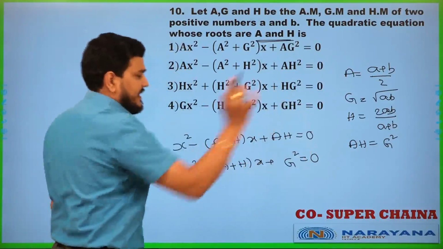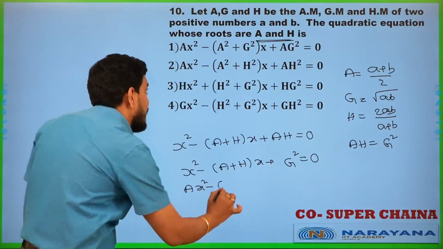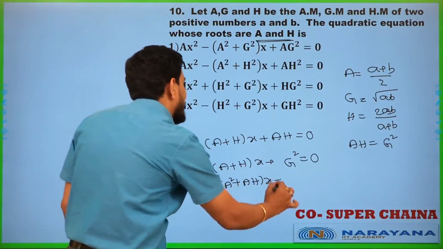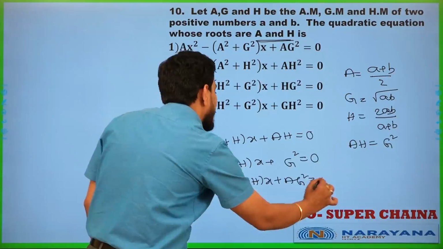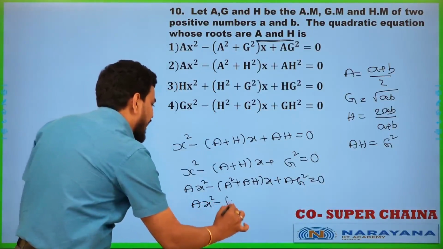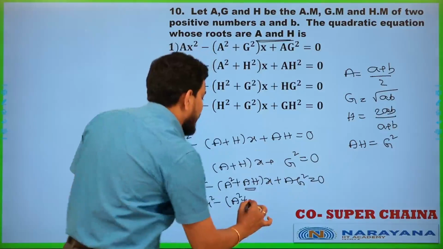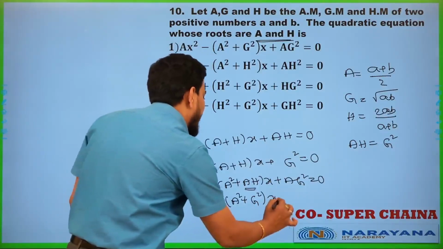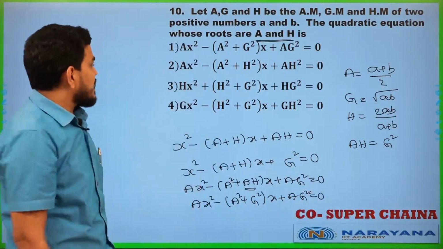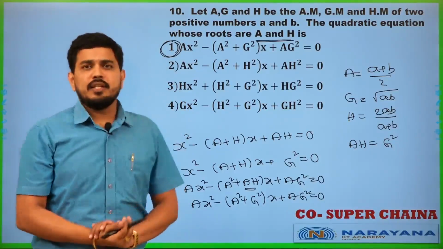Just I will multiply this equation with A. So this equation is Ax square minus (A square plus AH) into x plus AG square is equal to 0. What is AH? It is G square. So tell me which is the answer. The first one is the answer for this particular question.